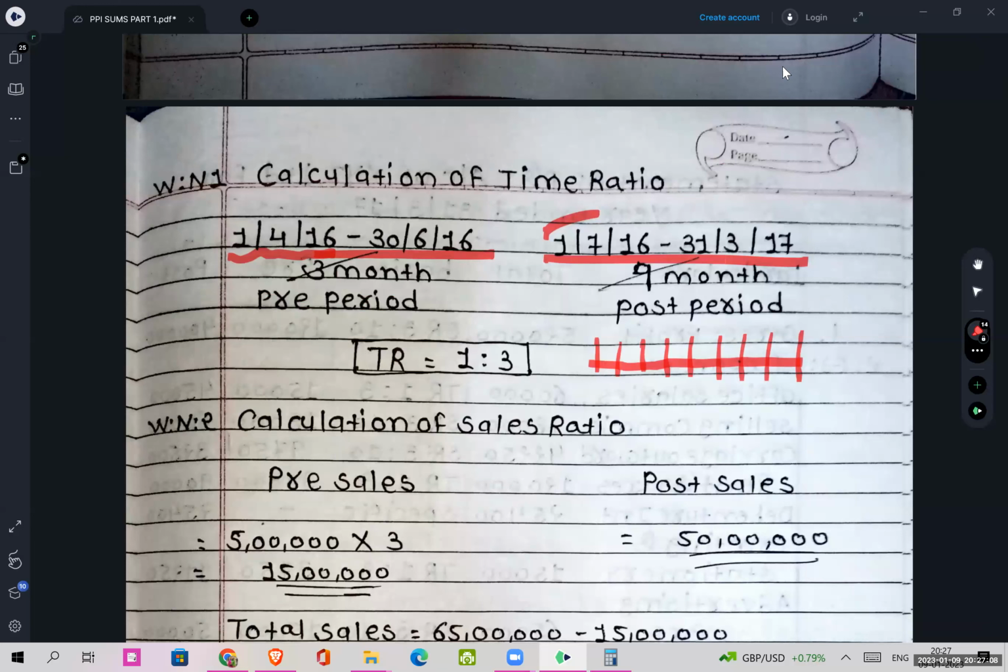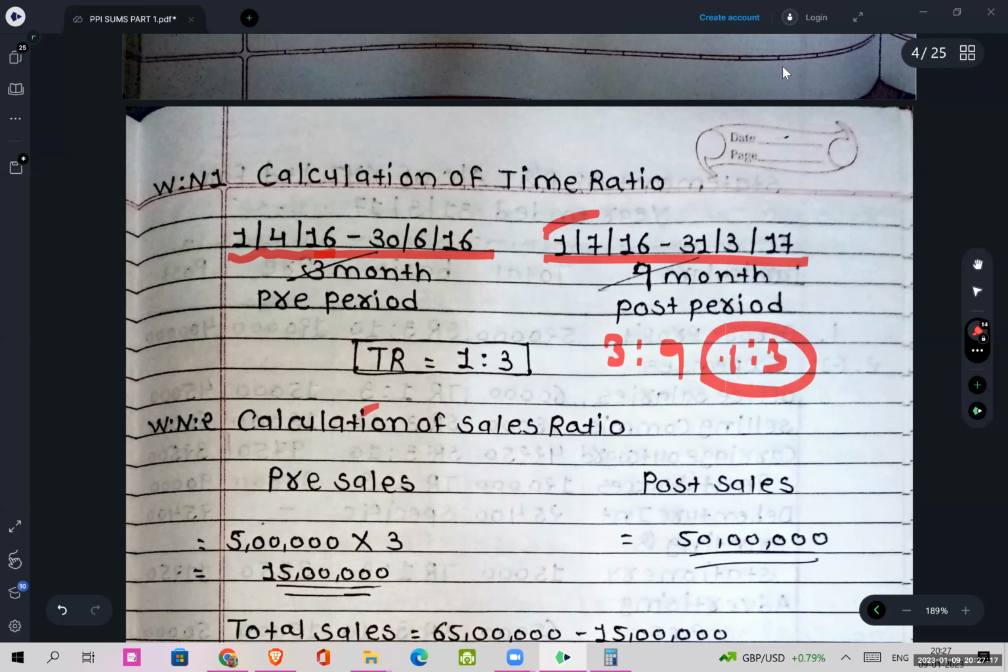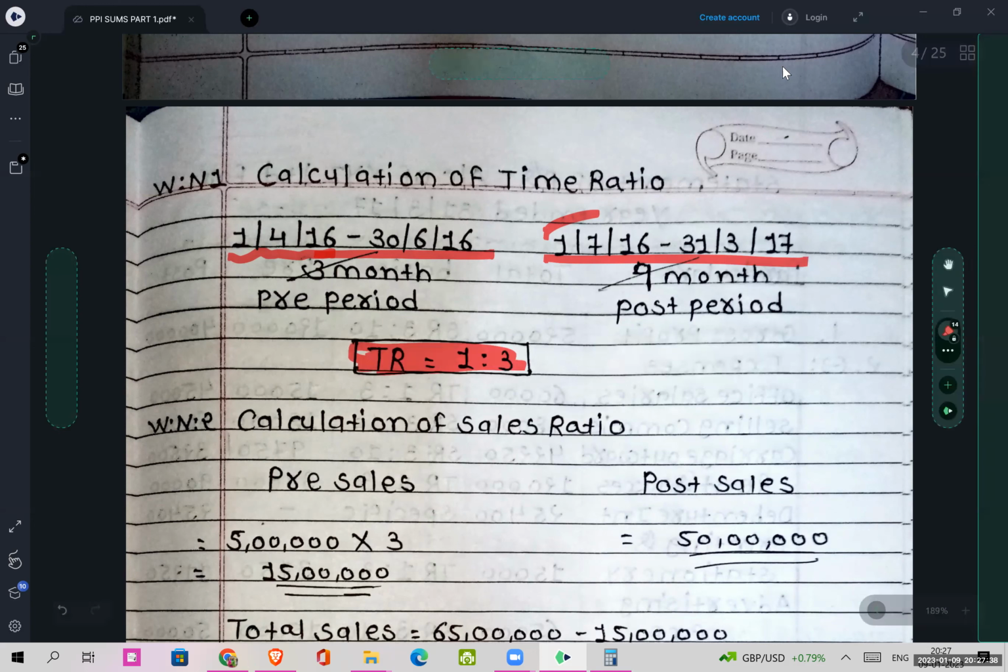So my time ratio will be 3:9, that is 1:3. This is how I will calculate my time ratio. Then I will show you how to calculate my sales ratio.